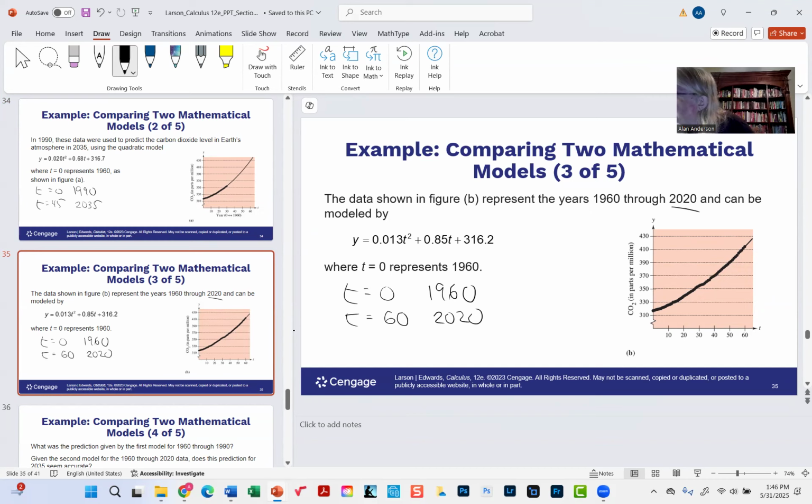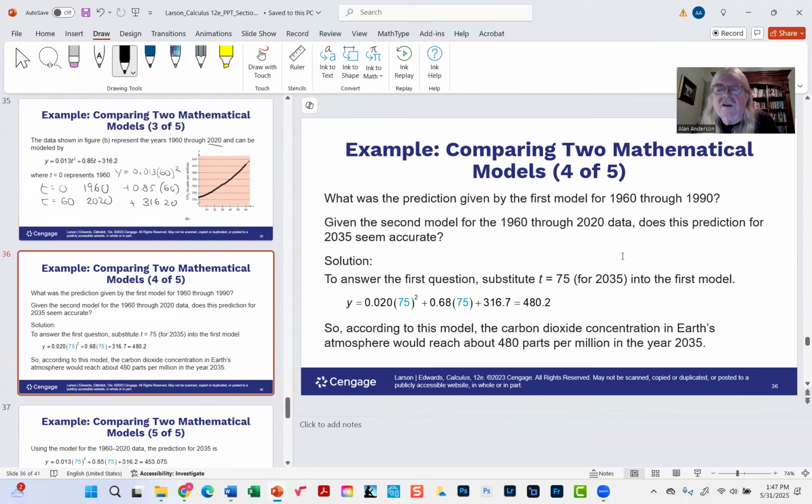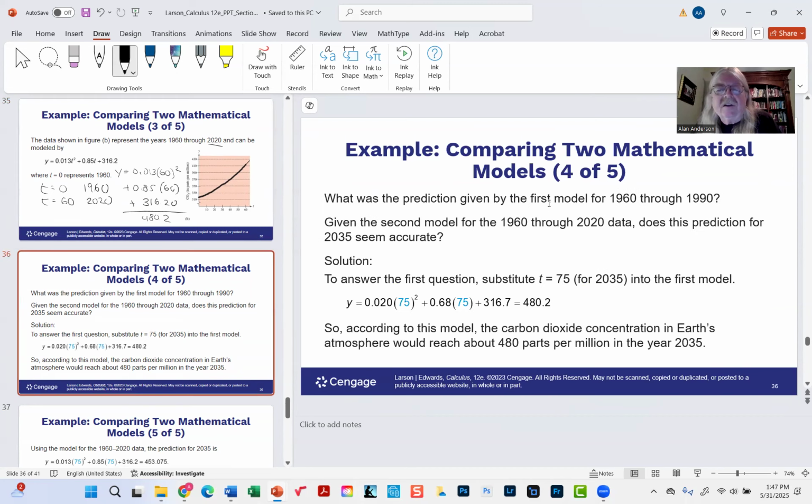So then you plug in 60, you have y equals 0.0113, sorry. And then you pop that into your calculator and you should get approximately 480.2. All right, so we did a bunch of these examples in pre-calculus.